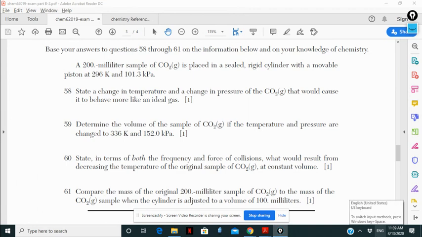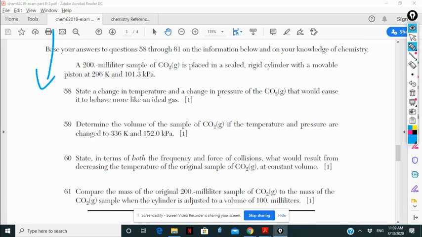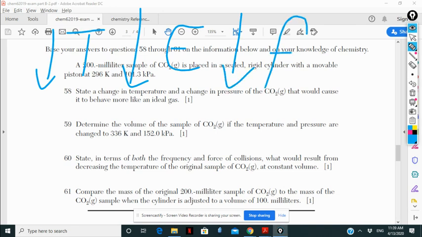In terms of frequency and force of collision, what would result from decreasing temperature? Okay, so decreasing temperature decreases energy, decreases the frequency, and decreases the force of collision. So what's going to happen to the frequency and the force of collision? They are going to decrease.